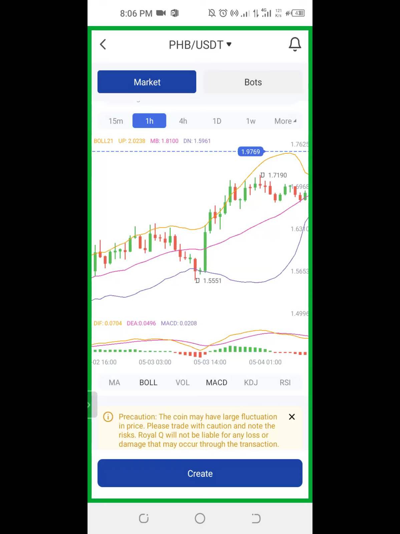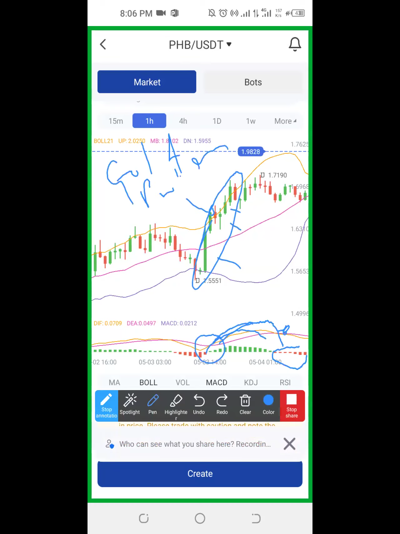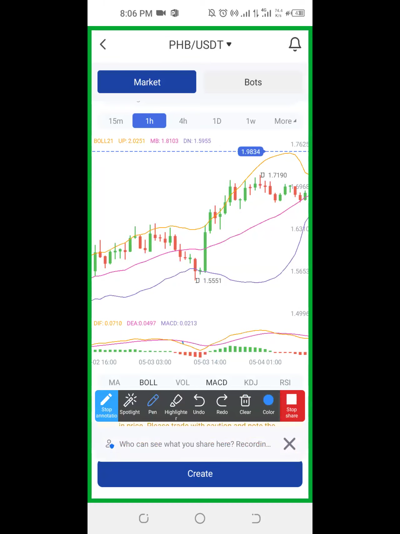There are 2 signs that guarantee that this coin will pump. Number 1, it moved down in this yellow line before it started to move, and it crossed this first indication. Then you can discover that there's a red candle here on the lower band.